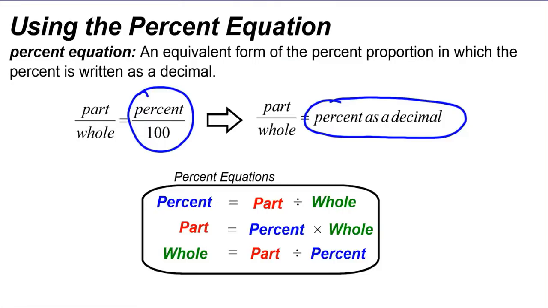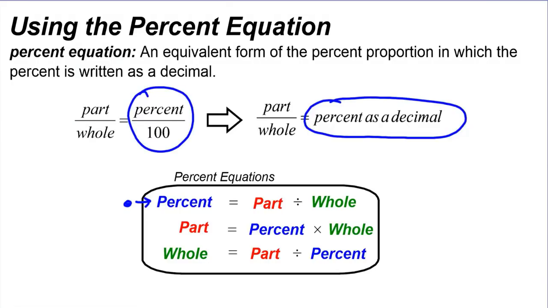So here we have 3 equations from this one that tell us what each one is, depending on which one is missing. So if our percent is missing, we can use this equation right here. The percent equals the part divided by the whole. And the percent, again, I'm going to reiterate, in every one of these equations, the percent will be written or expressed as a decimal.